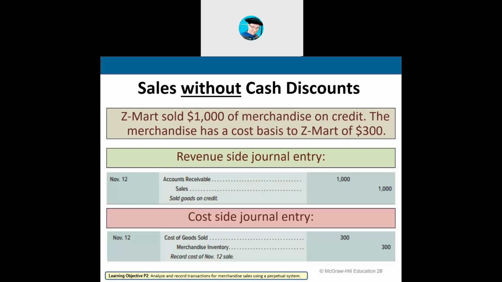So that's the sales side. Then we've got the cost side of the journal entry, because remember, it cost us something to sell the inventory. It cost us $300. So we debit cost of goods sold $300 and we credit merchandise inventory $300. What that does is it takes the inventory off of the balance sheet and puts it onto the income statement.